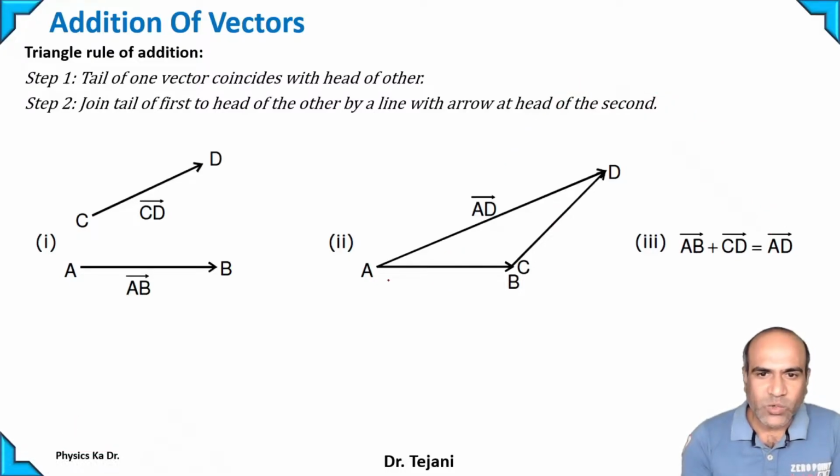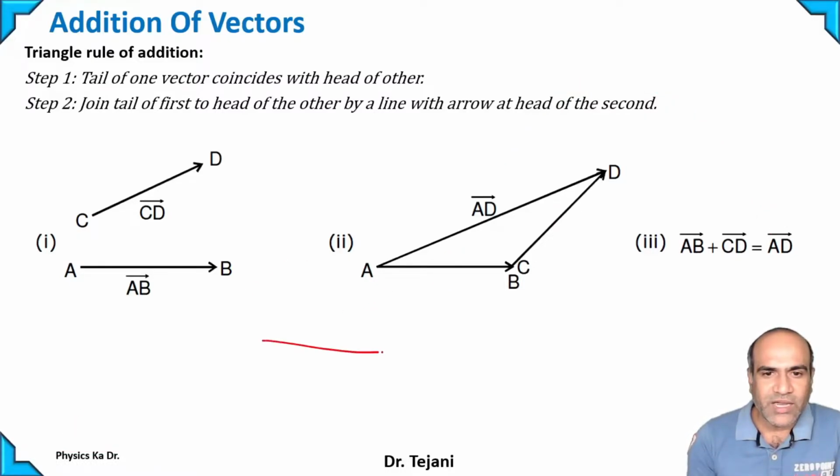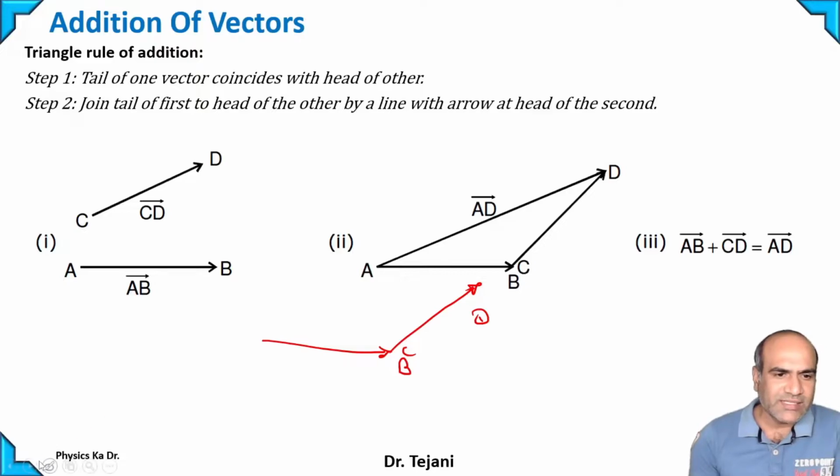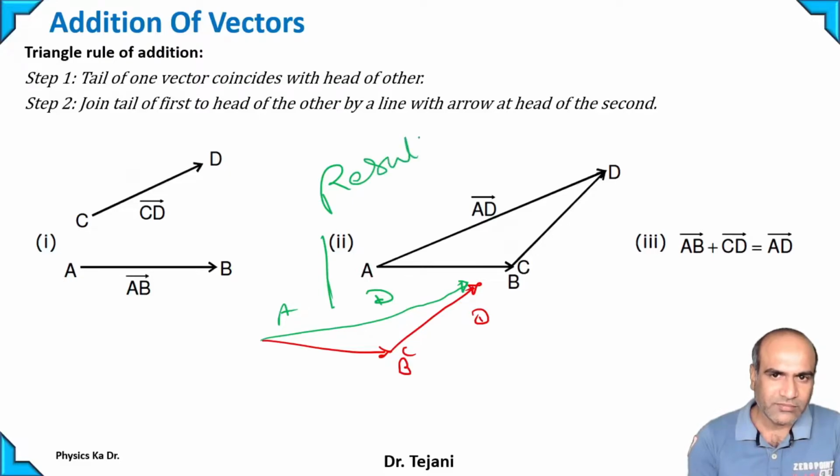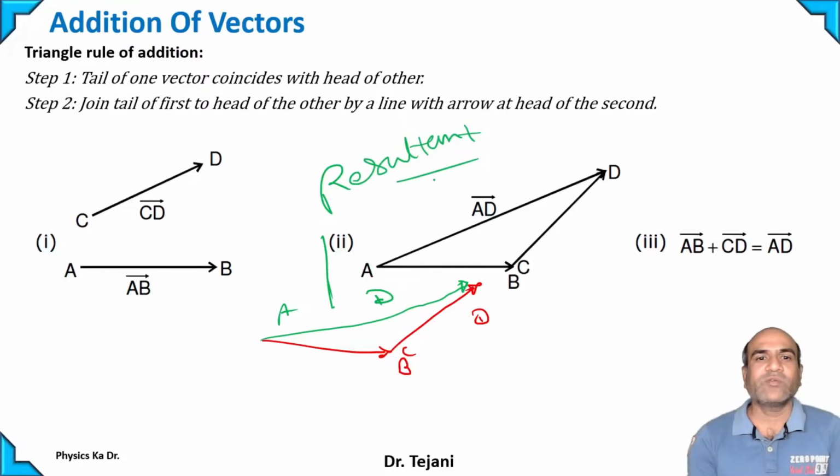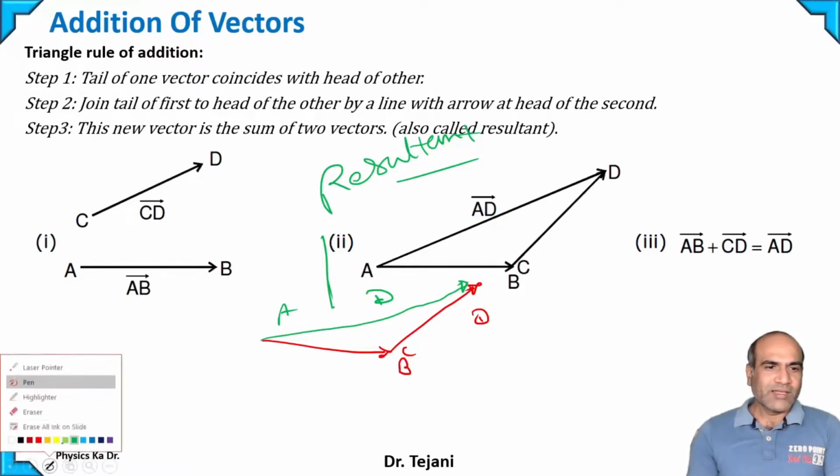First A to B, then the CD vector, so it becomes C to D. Then join this tail with the head. So this AD gives the resultant of these two vectors, right?